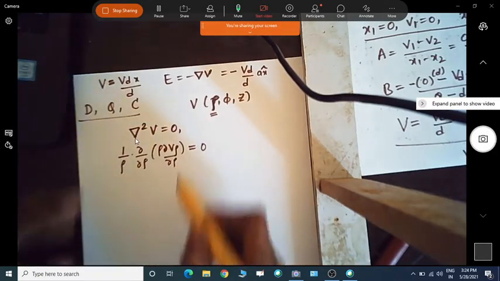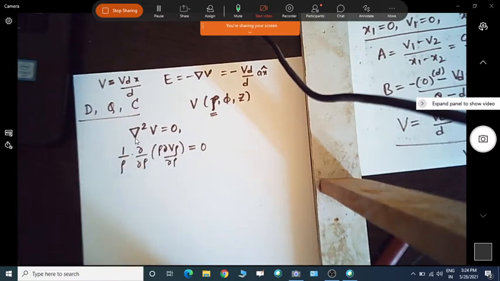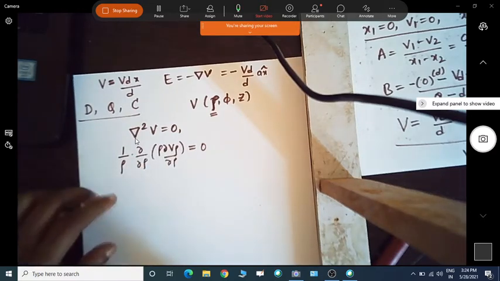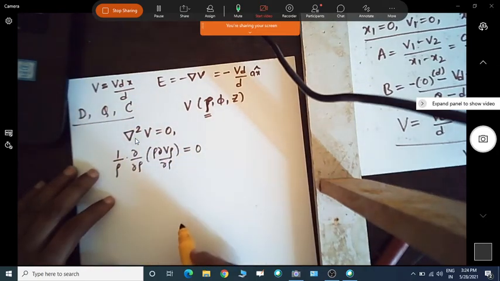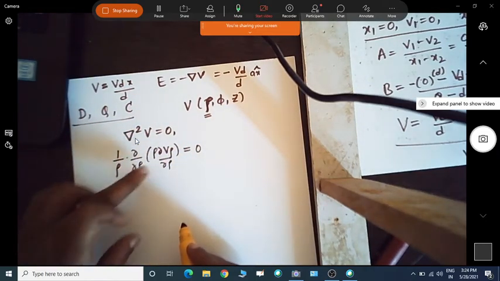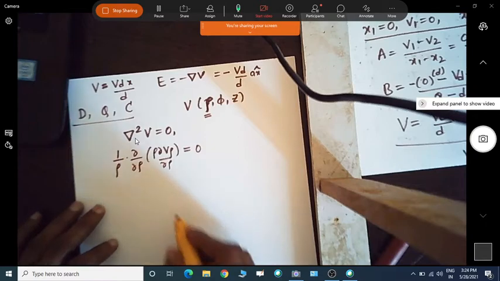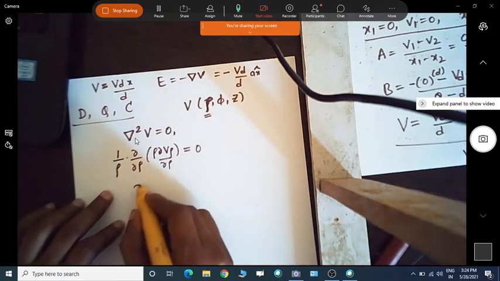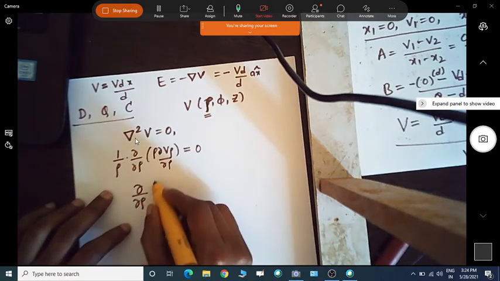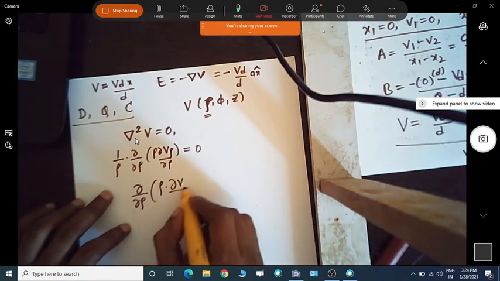Now we can integrate twice and arrive at the solution for V. If I send the 1 by rho to the other side, it becomes 0, and we get del by del rho of rho into del V by del rho equals 0.